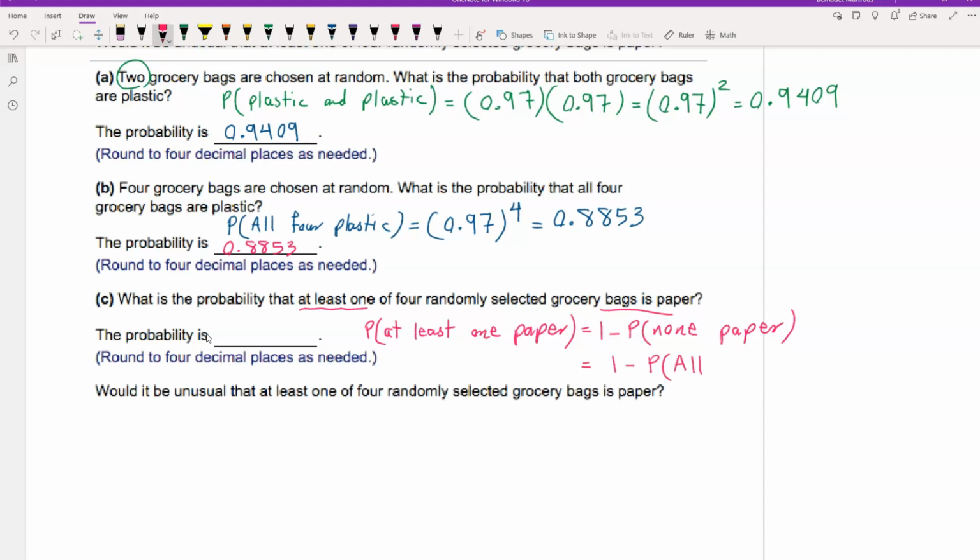So we have 4 grocery bags. So non-paper is the same as all 4 plastic. So we should subtract this part from 1. It's 1 minus. We had the answer for this part in part B, 0.8853. And the answer is 0.1147.